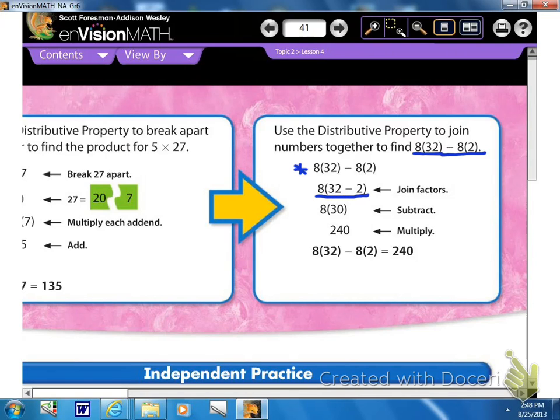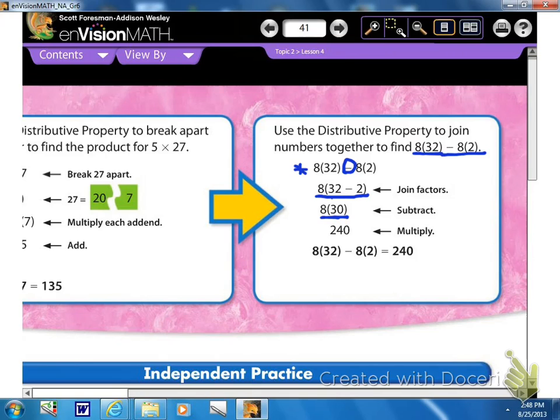Both 32 and 2 are being multiplied by 8, and we're going to subtract this. So it's the same as saying 8 times, in parentheses, 32 minus 2. Now, if I take 2 away from 32, I get 30, a much easier number to multiply 8 by, which is why we want to go ahead and find the difference first.